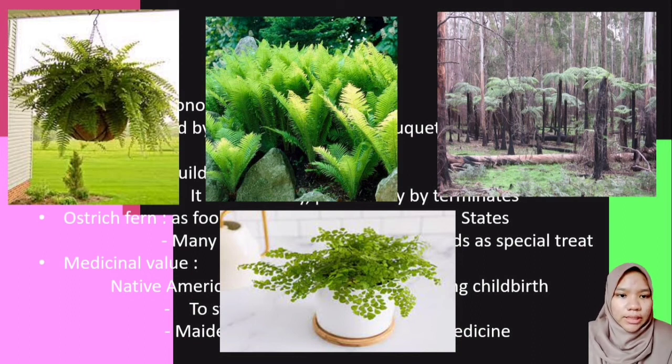Okay, at the right side, this is the tropical tree fern that is used for building material, and at the bottom side is maidenhair, which looks like a crown of leaves.